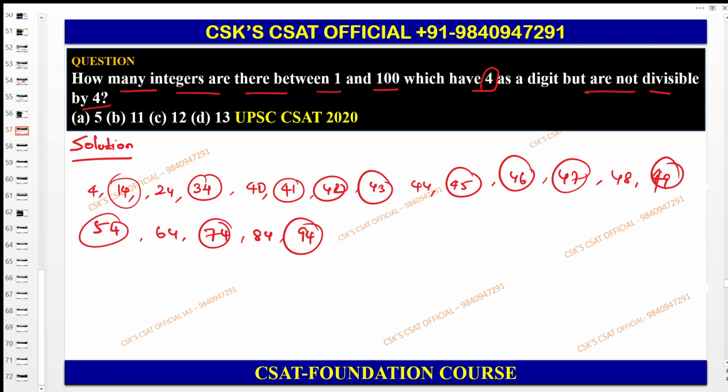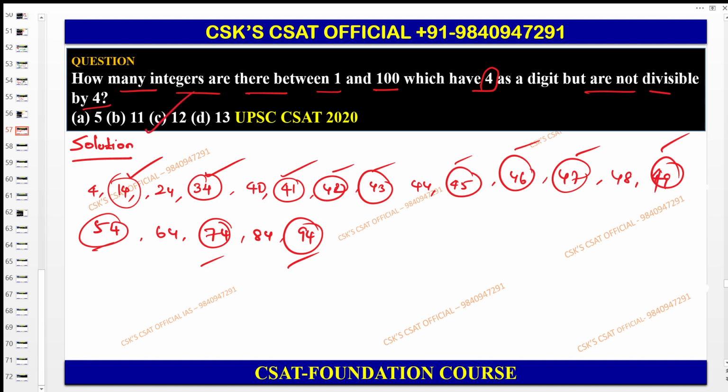I have encircled them; count the encircled ones: 1, 2, 3, 4, 5, 6, 7, 8, 9, 10, 11, 12. So 12 integers contain 4 but are not divisible by 4.